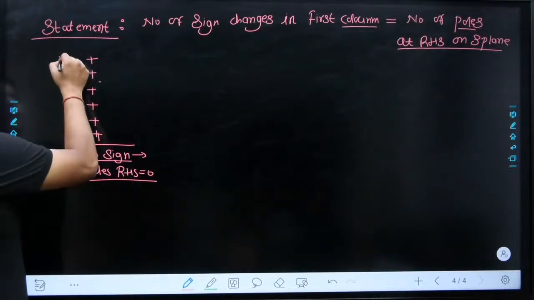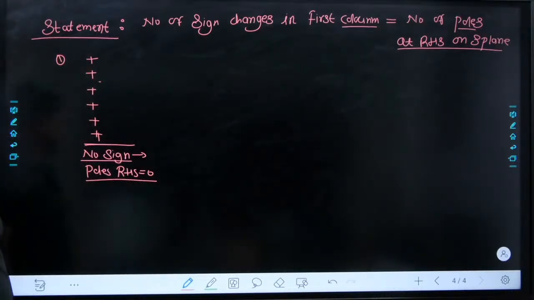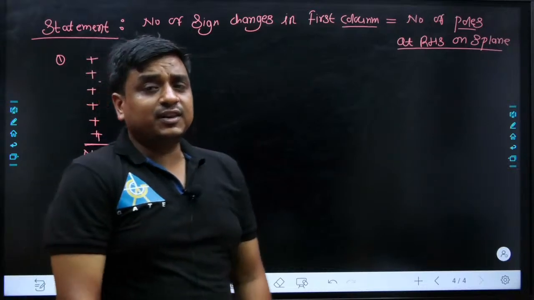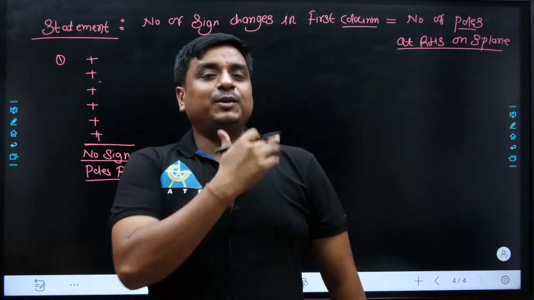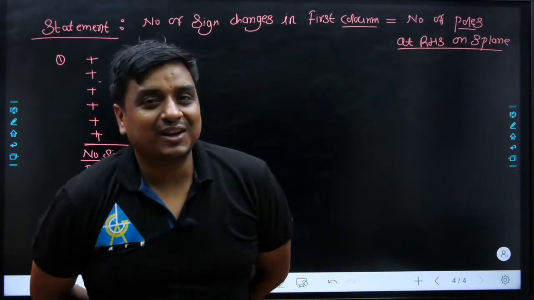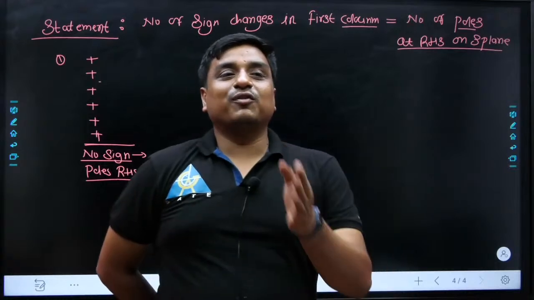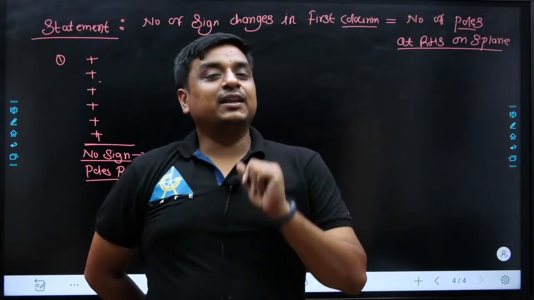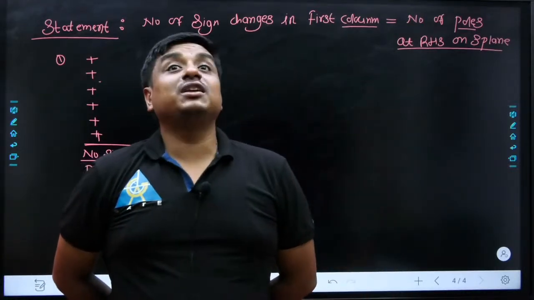Now let me take a few more details within this itself. As far as the ROUTH-HURWITZ statement is concerned, ROUTH-HURWITZ does not talk about the number of poles towards the left hand side, neither does it talk about the number of poles over the imaginary axis.